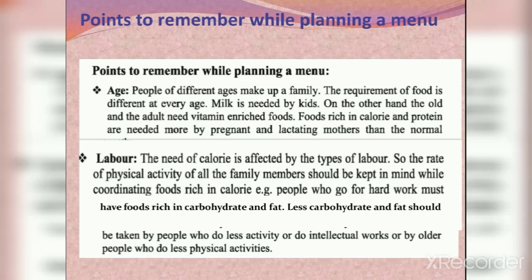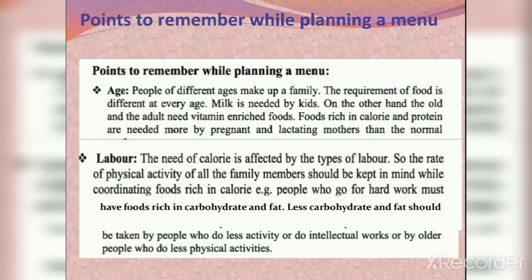Labor. The need of calorie is affected by the types of labor. So the rate of physical activity of all the family members should be kept in mind while coordinating foods rich in calories. People who go for hard work must have foods rich in carbohydrate and fat.